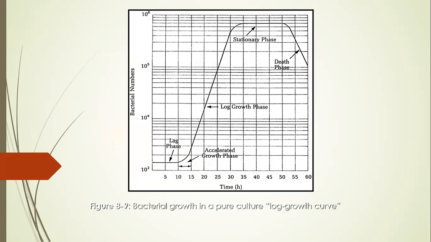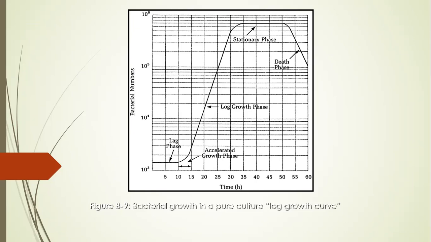In microbiological wastewater treatment, this is how a population would have the biological growth curve, right? In any population, you would typically have a slow growth rate in the initial stages, but with time it will pick up.